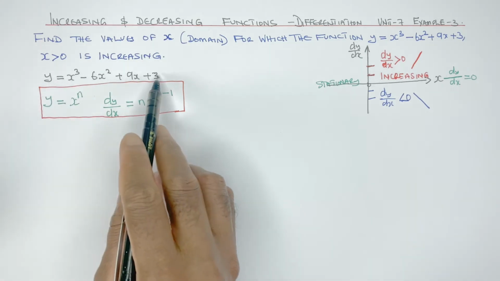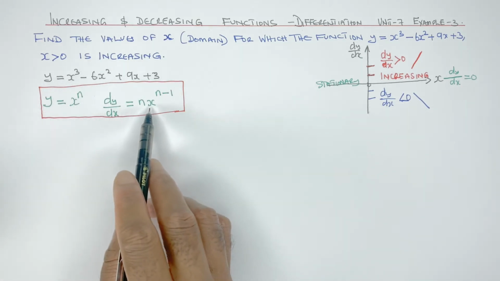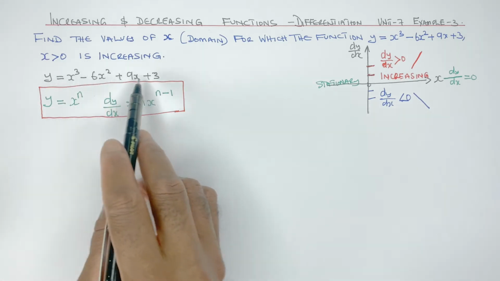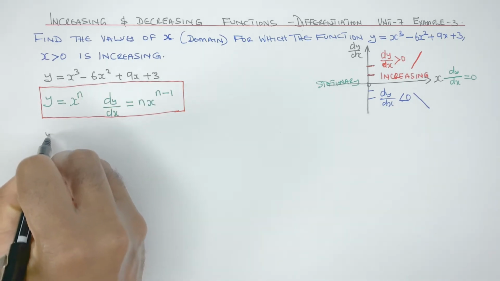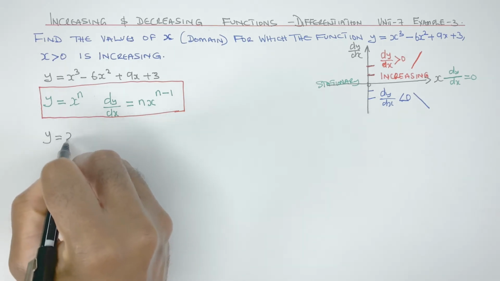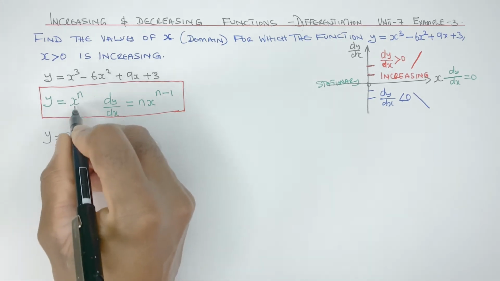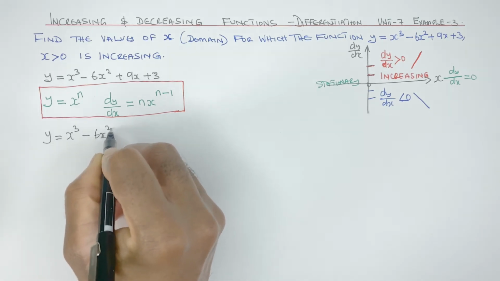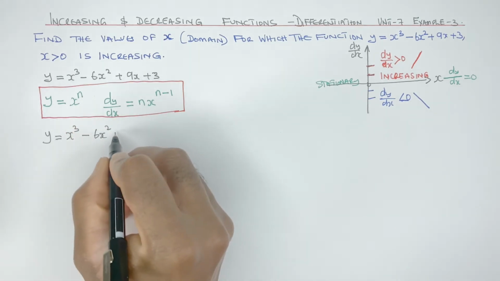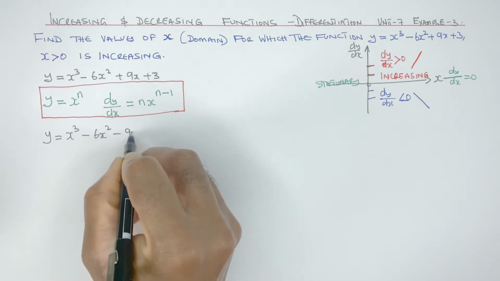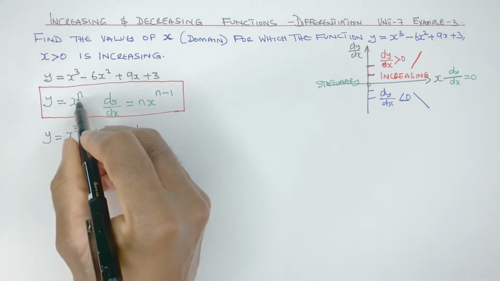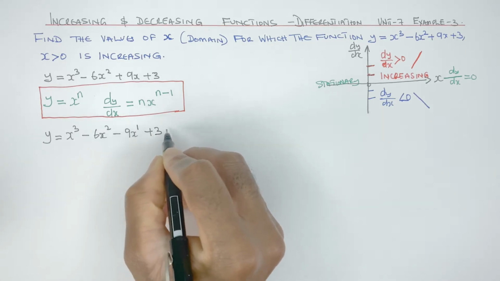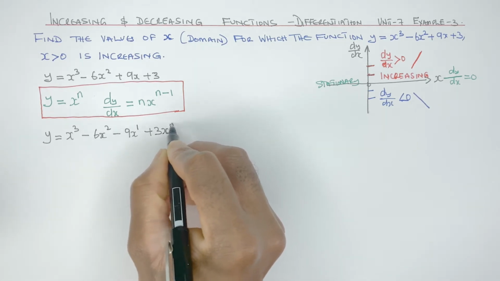We've got this function here, so let's make it look like this. This is 1, 2, 3, 4. We've got 4 terms here. So y equals x to the power of 3, minus 6x squared, plus 9x to the power of 1, plus 3x to the power of 0.